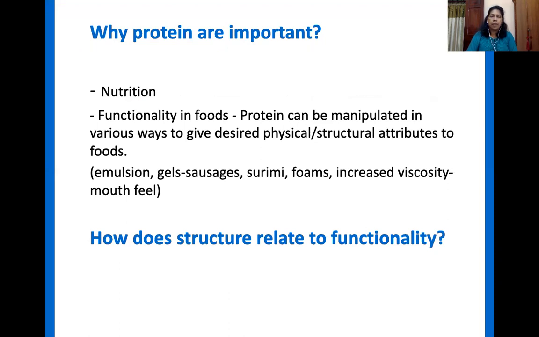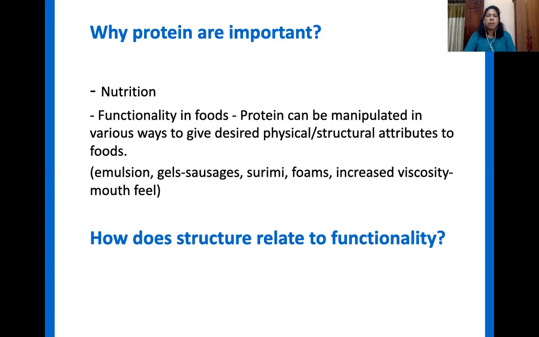Nutritionally, we want to eat protein to get nutrition, to satisfy our mind and reduce our hunger. Proteins are important for nutrition, for functionality, and for satisfying our sensory attributes.